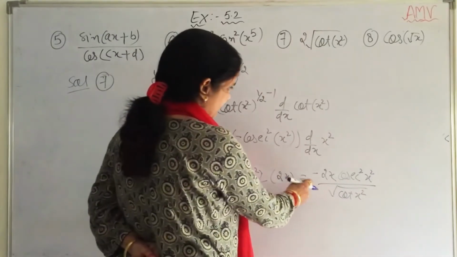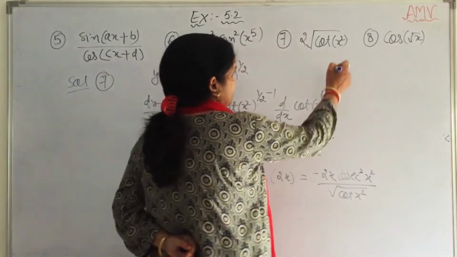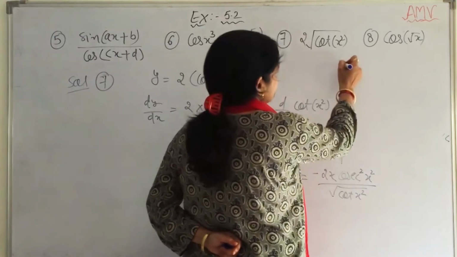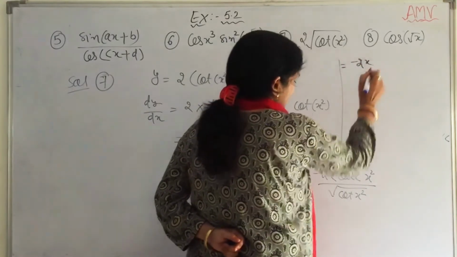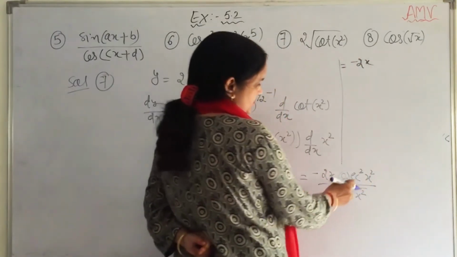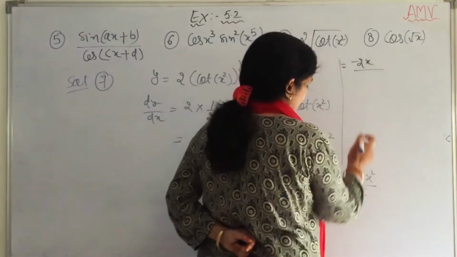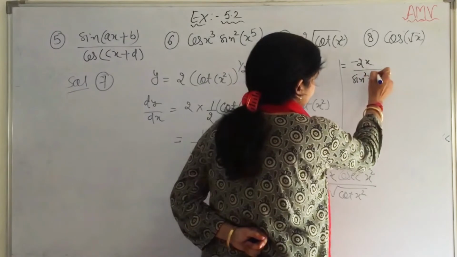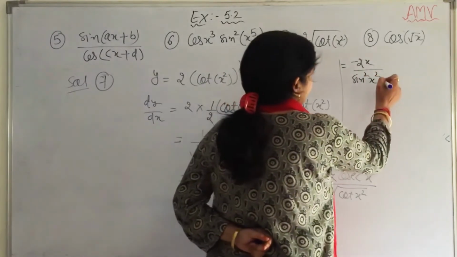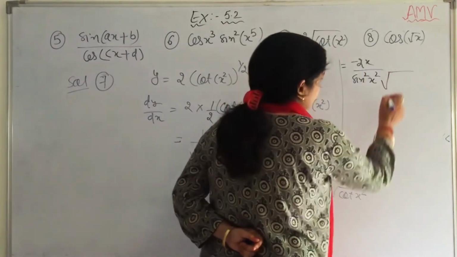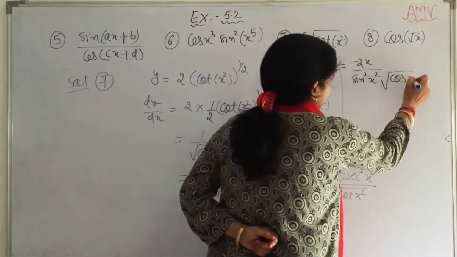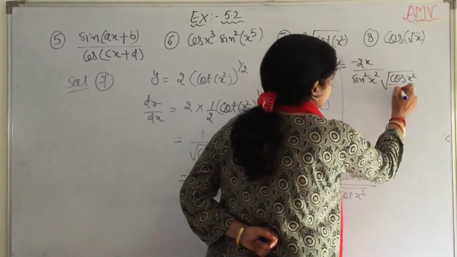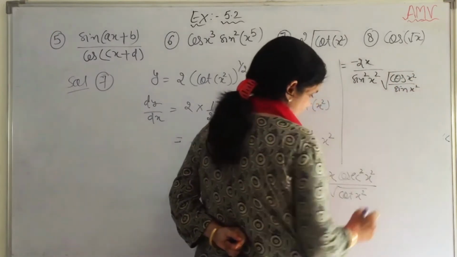Now you can simplify this term. For this it is minus 2x, convert into sine and cos, so it is 1 upon sine square x square, and here it is cos x square, and here sine x square.